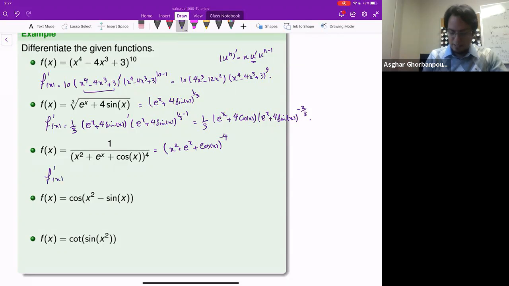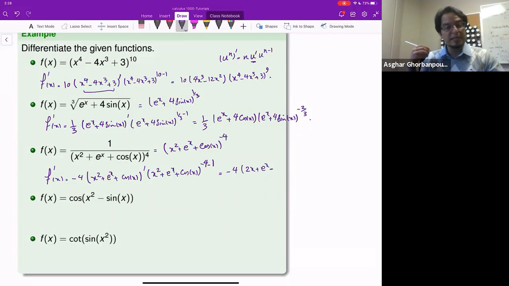So f prime x will be -4 times the derivative of that function times the function to the power 1 less than the original power. So that will be -4 times 2x plus the derivative of e to the power x, which is e to the power x. Derivative of cosine x is minus sine x.